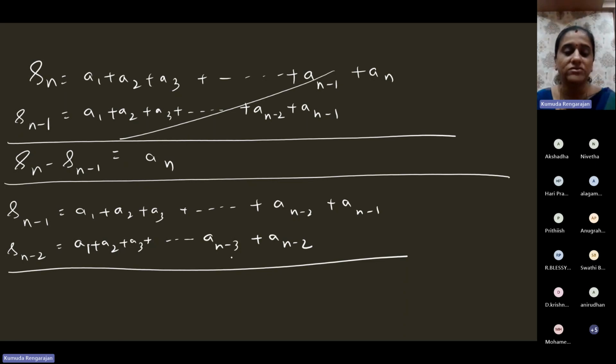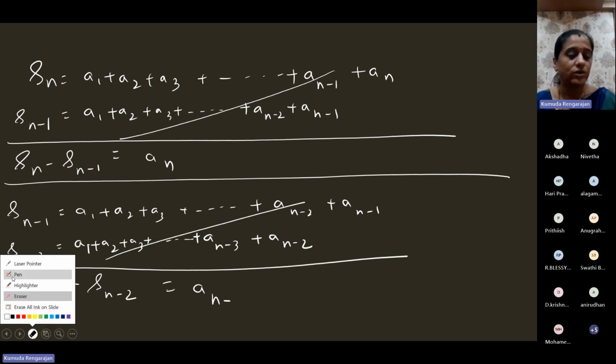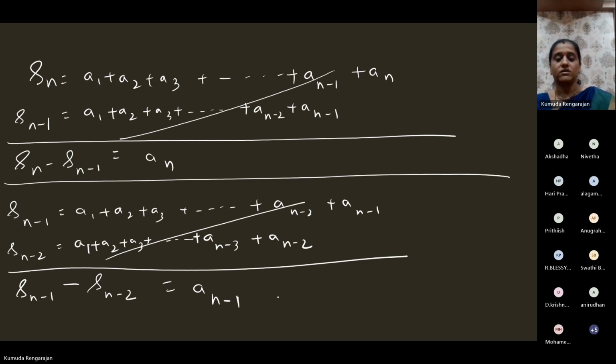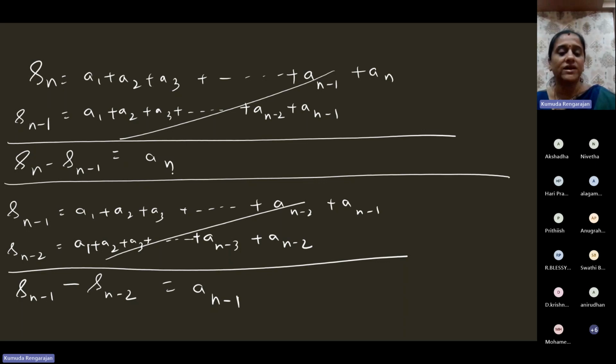Now when you find the difference, Sn minus 1 minus Sn minus 2 cancels, and we have An minus 1. And that's what we have substituted here. Sn minus Sn minus 1 is An. Sn minus 1 minus Sn minus 2 is An minus 1.